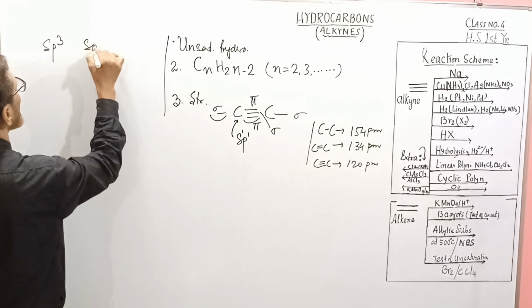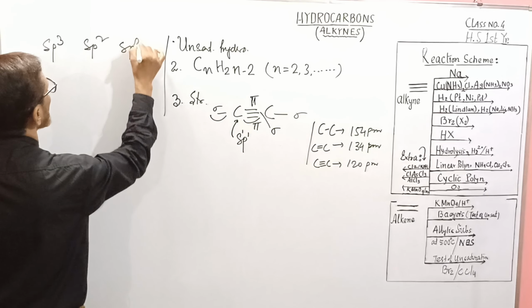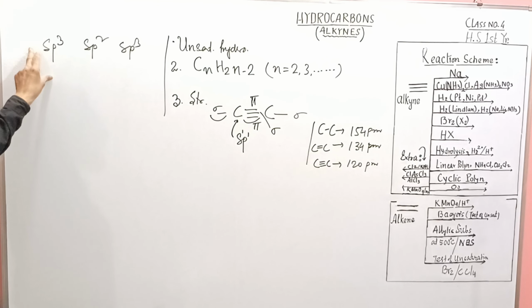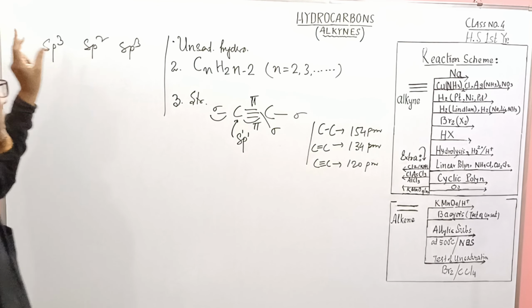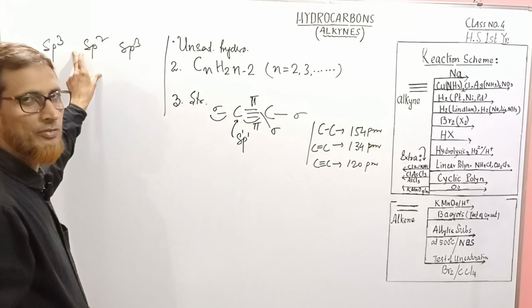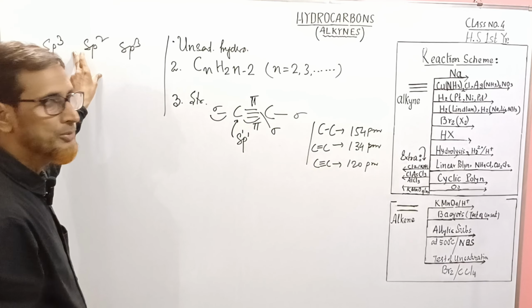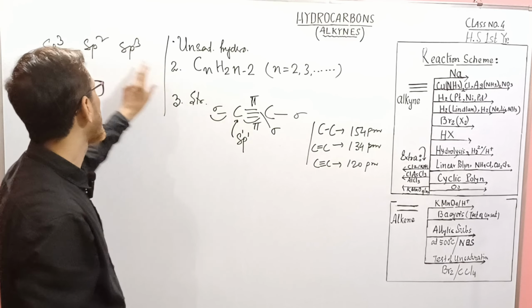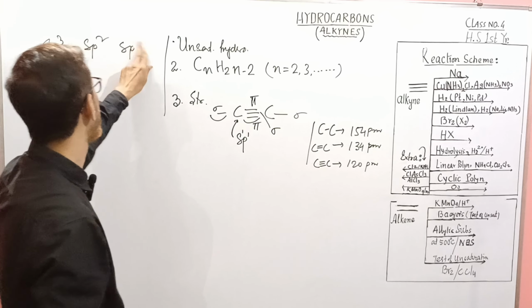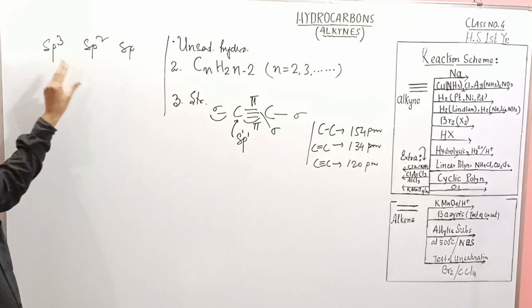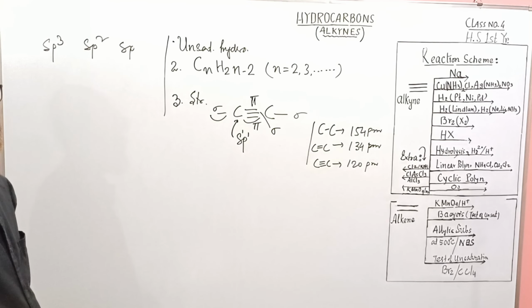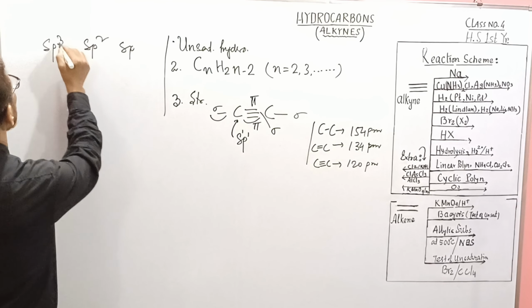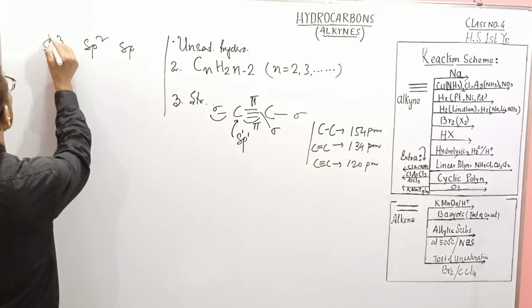And also, in the hybridization part, we have seen alkane is sp3 hybridized, carbon of alkene is sp2, and carbon of alkyne is sp hybridized. Now you calculate the percentage of S character or P character. 3 and 1 is 4 parts.